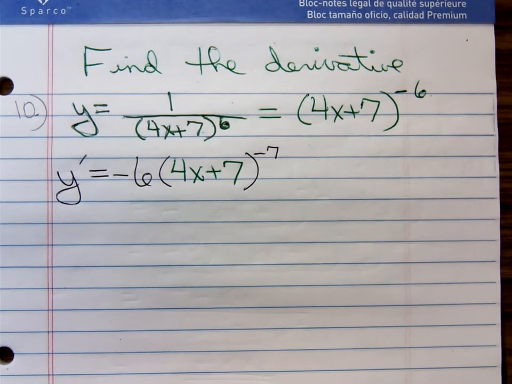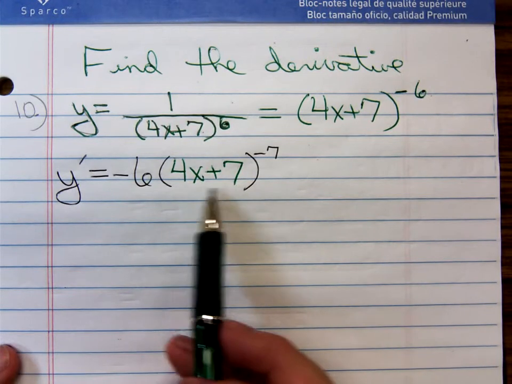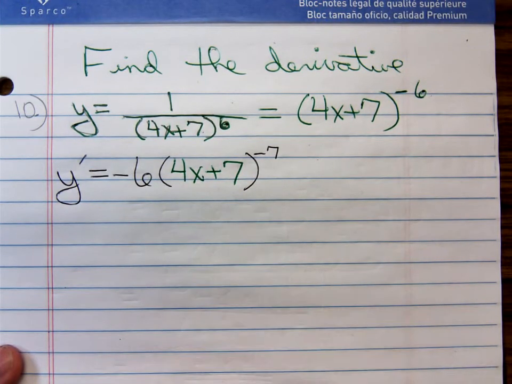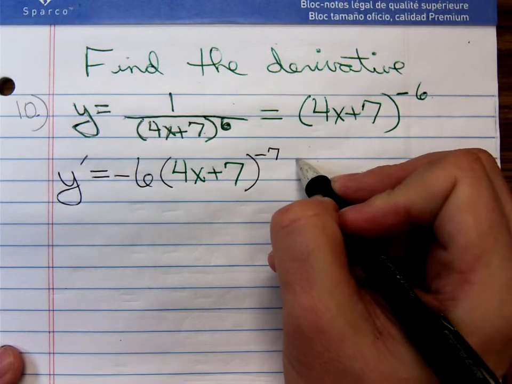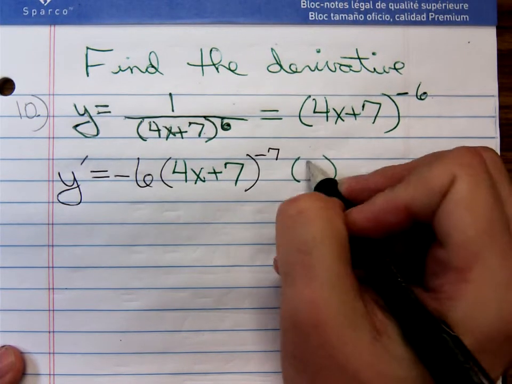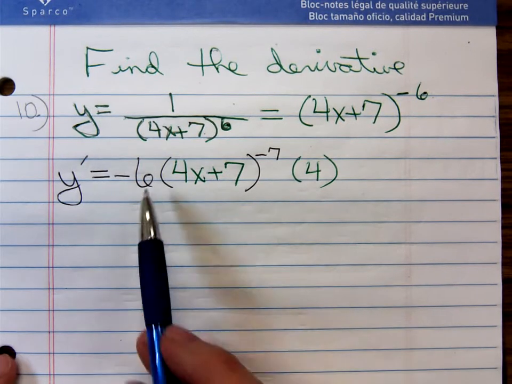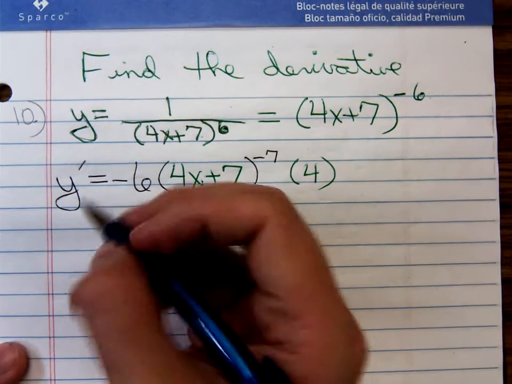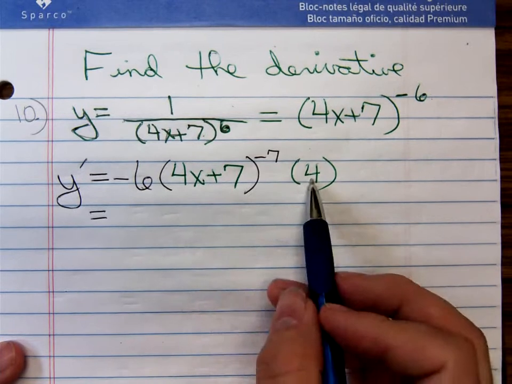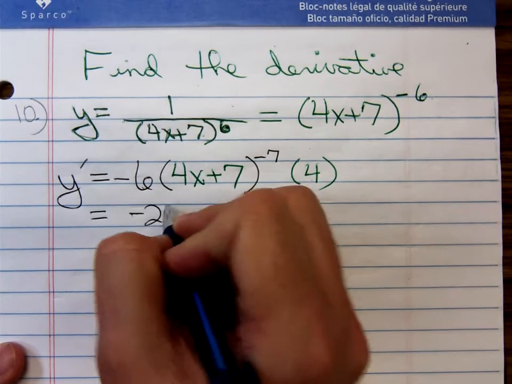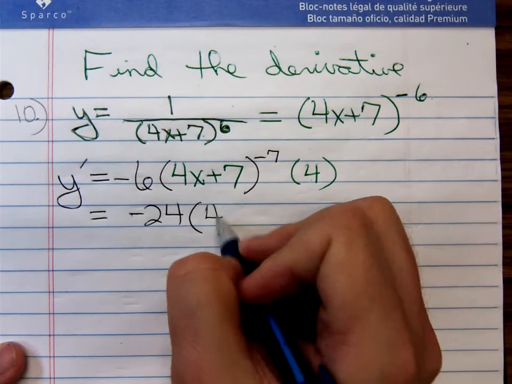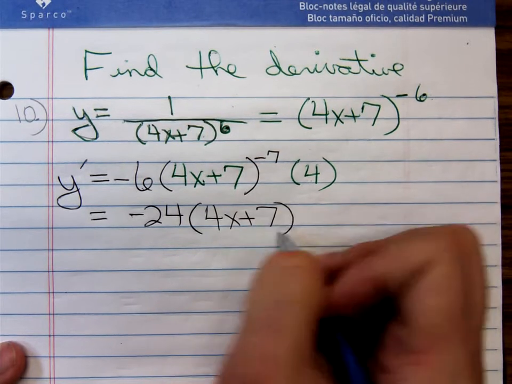Then what do we do? Take the derivative of the inside. What's the derivative of 4x plus 7? Just a plain 4. That's nice. And once again, we have a monomial times a monomial, so that we can multiply the negative 6 times 4. That's a negative 24 times 4x plus 7 to the negative 7.